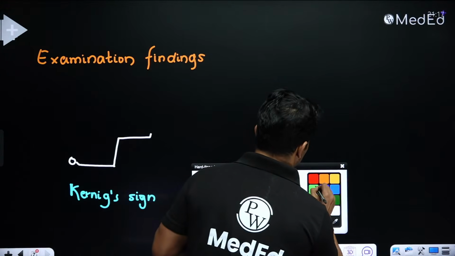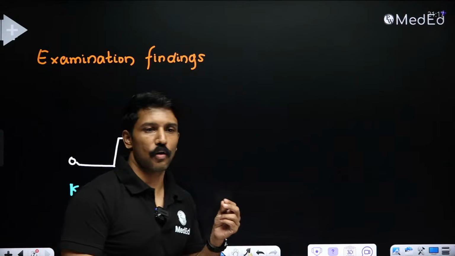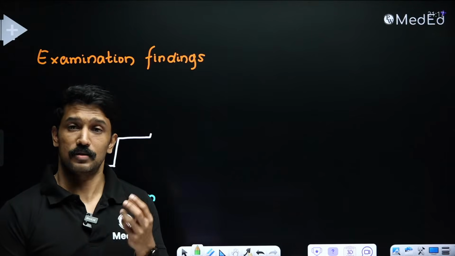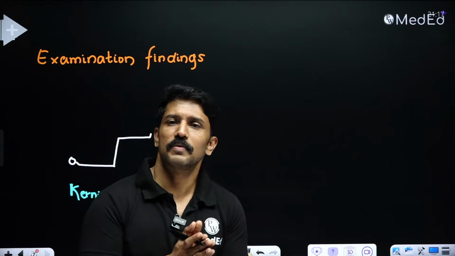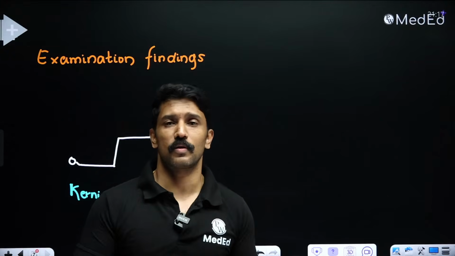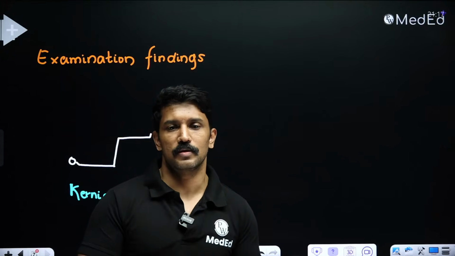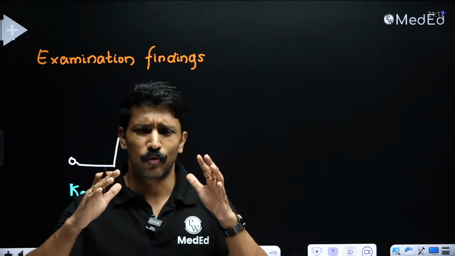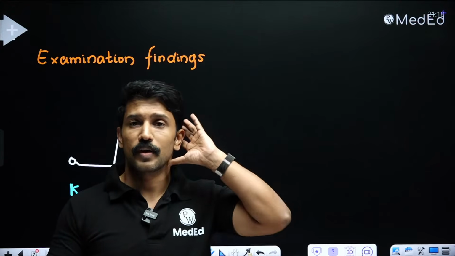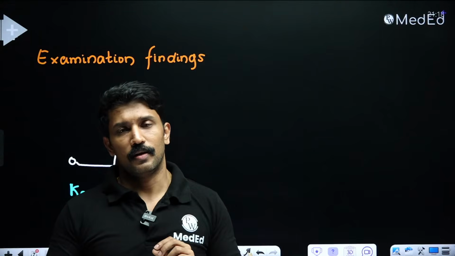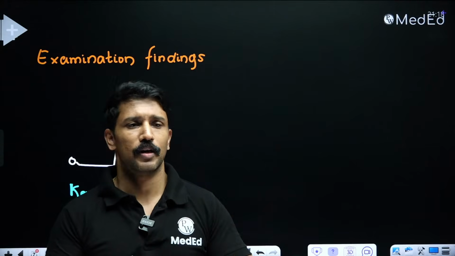Then how will I differentiate whether this is subarachnoid hemorrhage, meningeal carcinomatosis, or truly meningitis? Well, the context. That's why in medicine we keep saying that history is the most important thing. If someone presents with a complaint saying, sir, I'm going through the worst headache ever in my life, and then you get the signs of meningeal irritation, then you know it is probably subarachnoid hemorrhage.